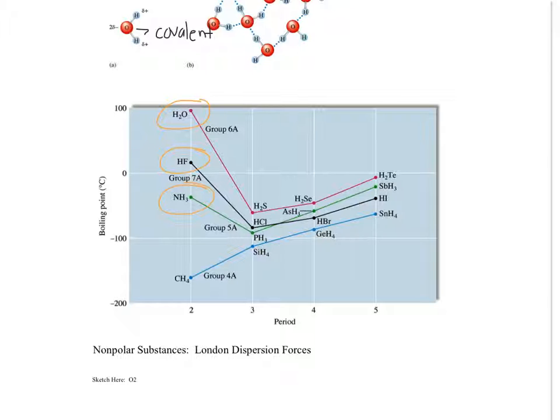So without hydrogen bonding, life would not be possible on Earth. Remember that the bigger the size, the higher the boiling point. So that's a direct relationship.